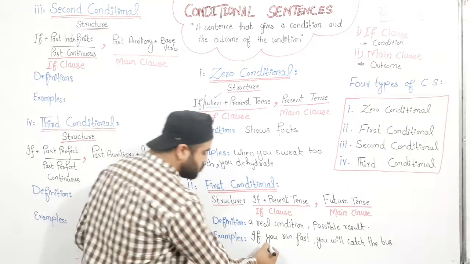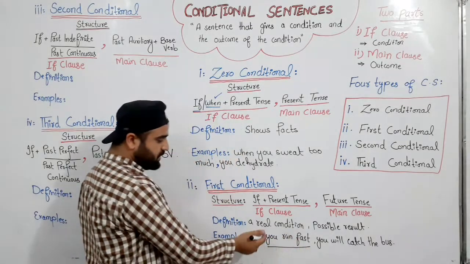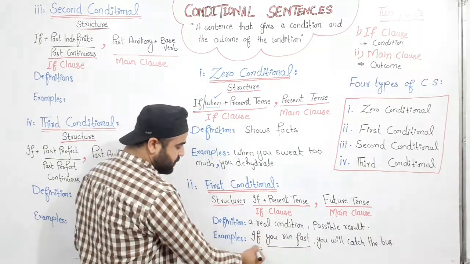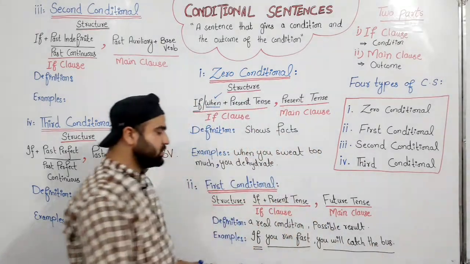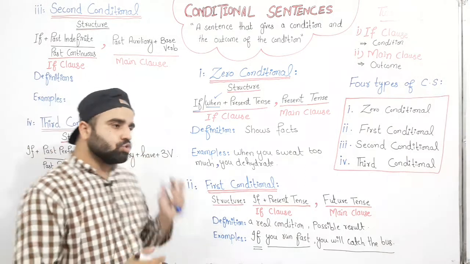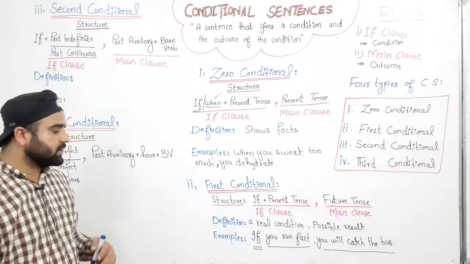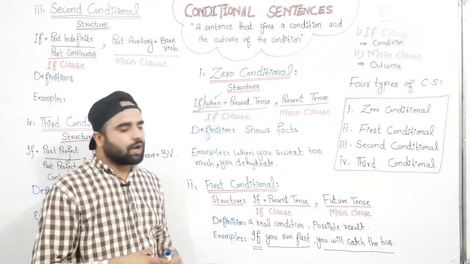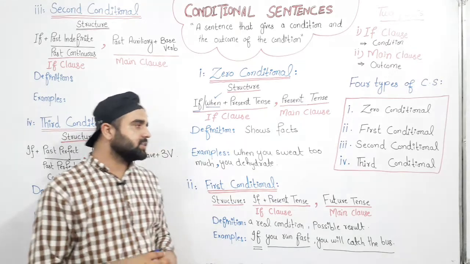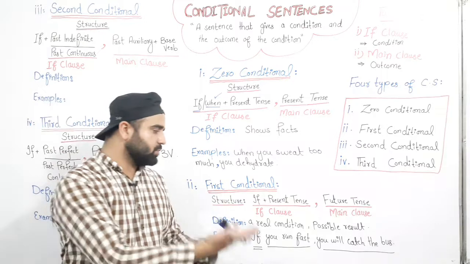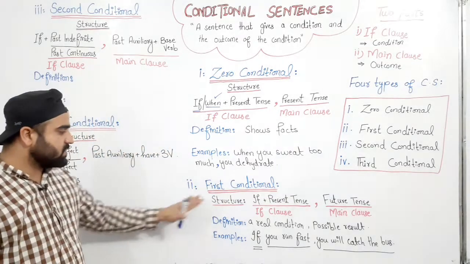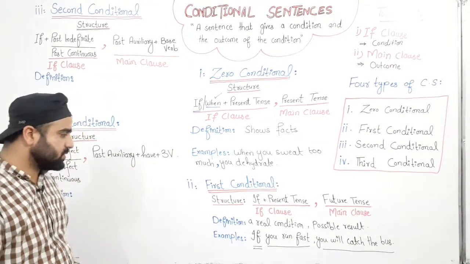So you see, you run fast is present indefinite tense, and this is the if clause. And then you will catch the bus is the future tense and the main clause. In Urdu, we say, agar aap tez bhagoge, to aap bus pakad loge, right? In Pashto, we say, Katamanda tez hua hai, no tab bus rauni se. That's the first conditional sentence, right?